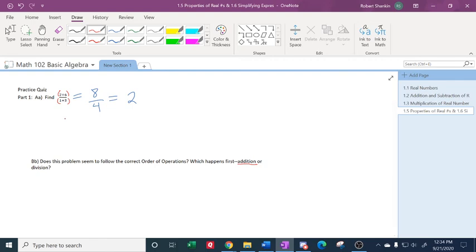It's just implied. So it's implied parentheses on top and bottom of the fraction.